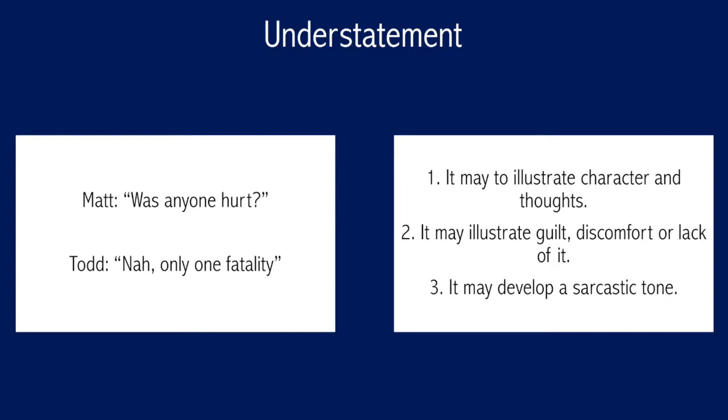For example, Todd downplaying the incident shows he's pretty numb to death, or it's a very common thing that he's seeing, and that might be the purpose of it, to show that. It may also illustrate emotions or feelings like guilt and discomfort, or the lack of it. If used in a sarcastic tone, an understatement can also be used to mock something.